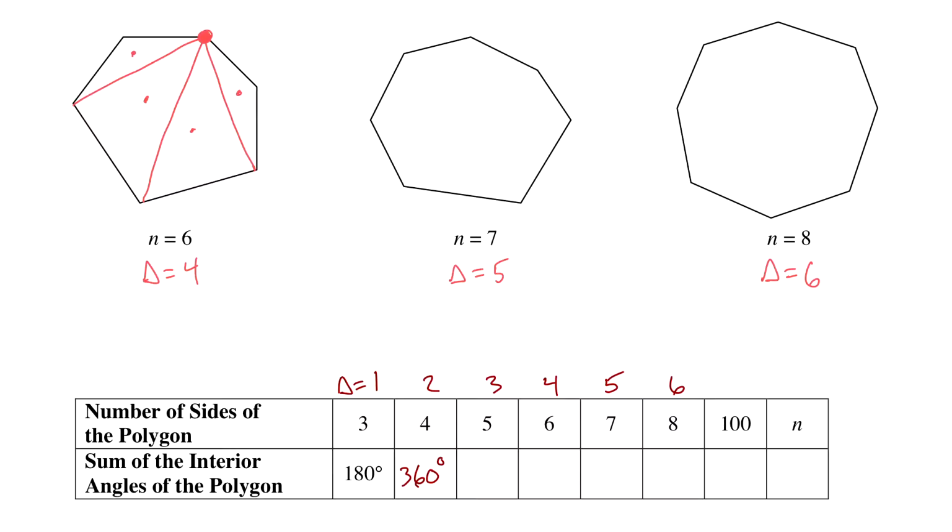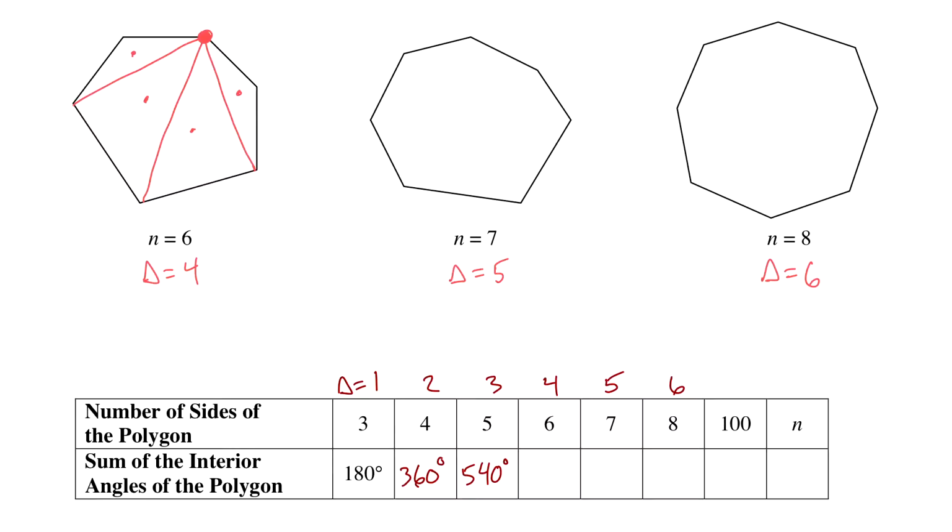If we have 1 triangle times 180, it's 180. 2 triangles times 180 is 360. 3 triangles times 180, what does that give us? I think that is 540.